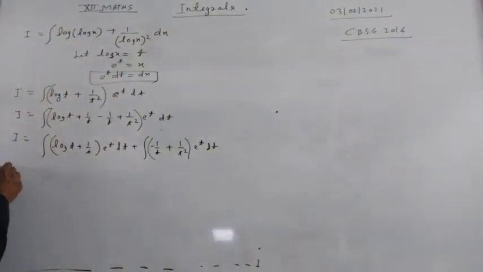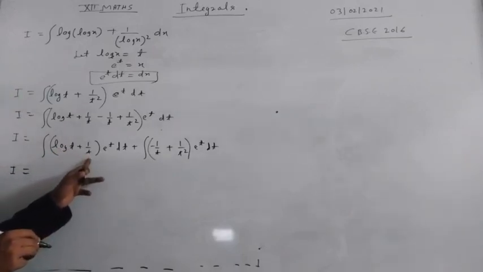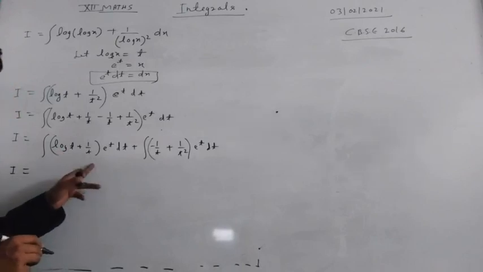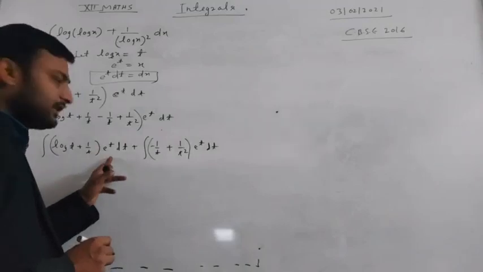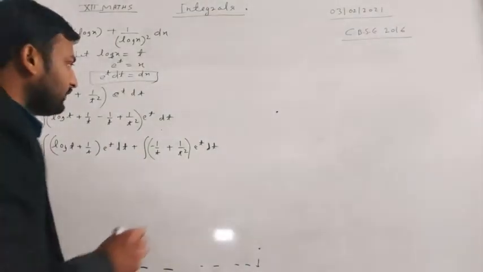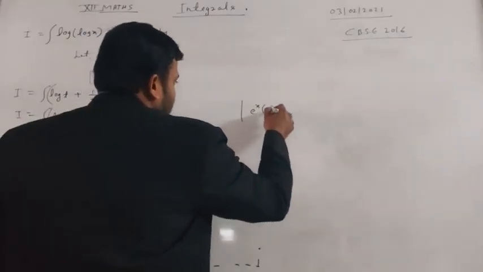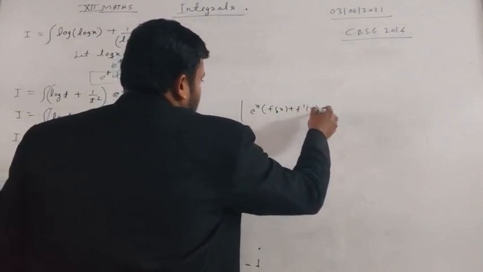Here this is our function f(x) and this is f dash(x), its differentiation. So we can write f(x) plus f dash(x) times e to the power x dx.